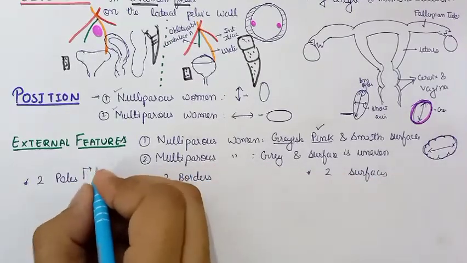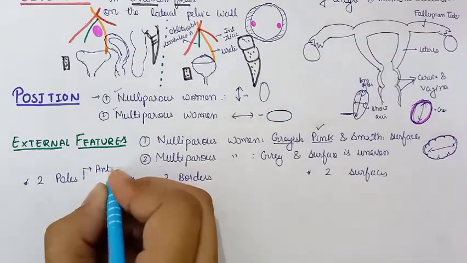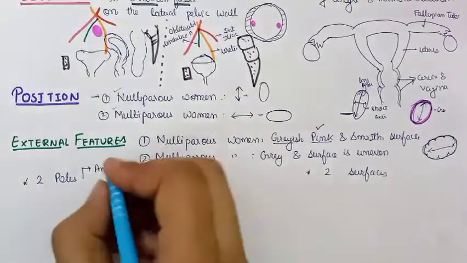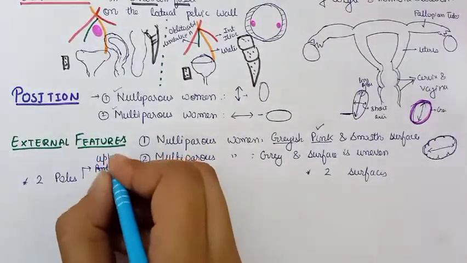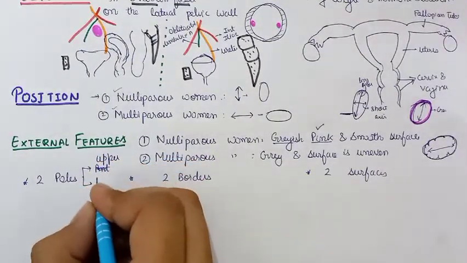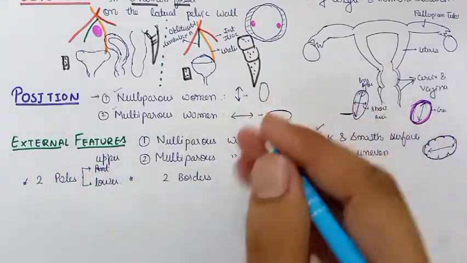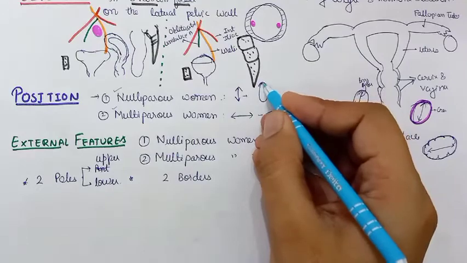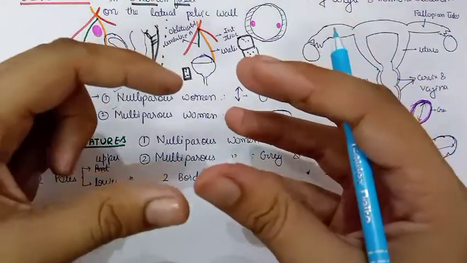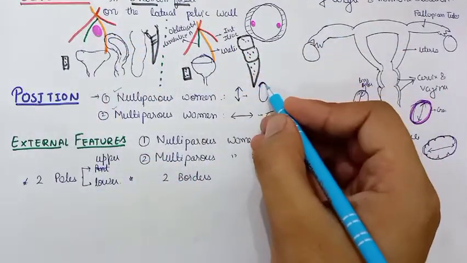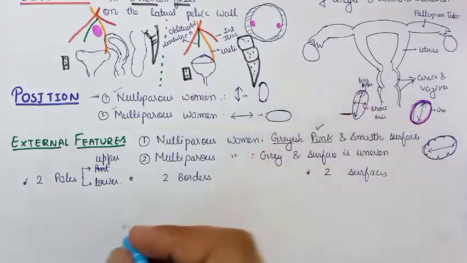We have the upper pole and a lower pole. All these are described with reference to the nulliparous woman. So we have an upper pole like the pointed part of the ellipse, and a lower pole.